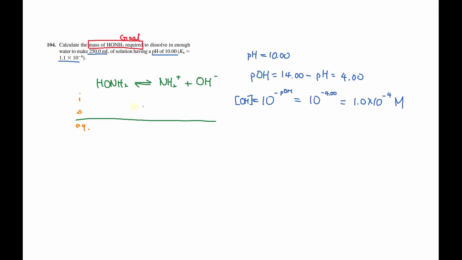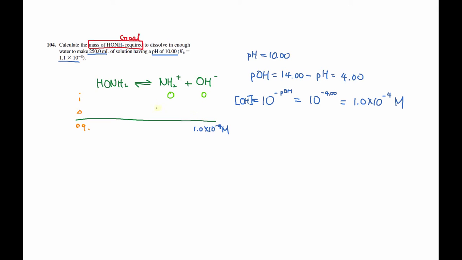Now this goes into our ICE chart, in which OH minus is located, and it has to be at equilibrium. So 1.0 times 10 to the negative 4th at this location. And initially we do know that the NH3 plus and OH minus were 0 molar, meaning it wasn't dissociated until the reaction took place.